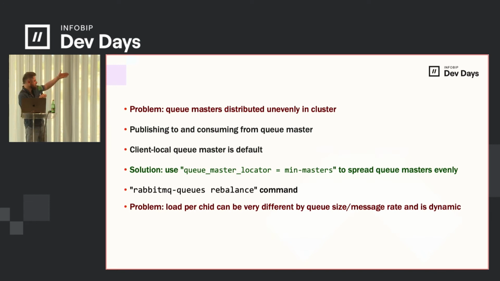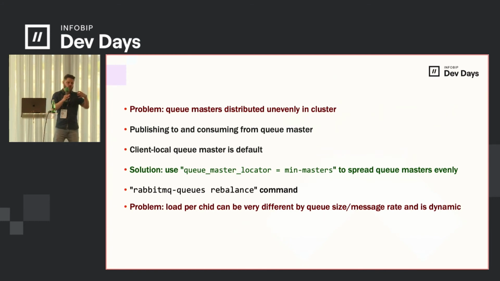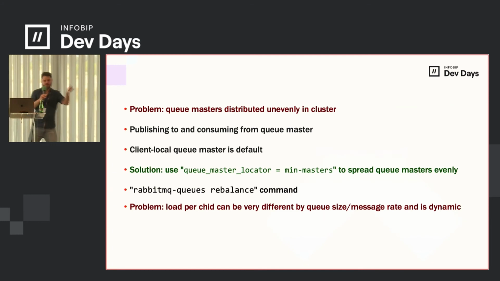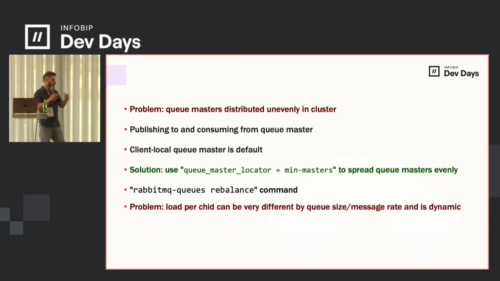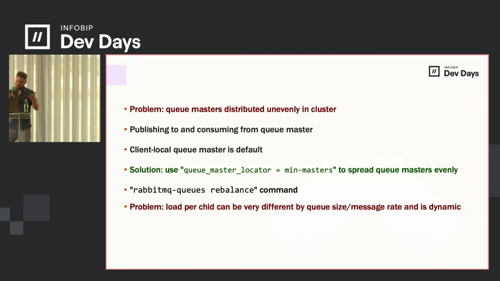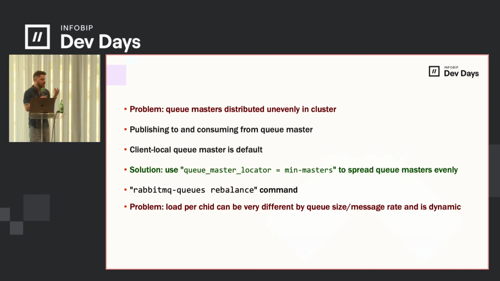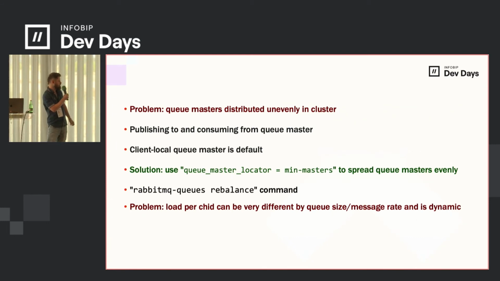I don't know, the default is client-local. Still, because nodes and VMs will be migrated, will fail, some will be upgraded, the distribution will shift to some of the nodes, and that's pretty bad. That's uneven load. You can use the rebalance command, but it's also very strange. It takes forever to finish, and it can make queues unresponsive.